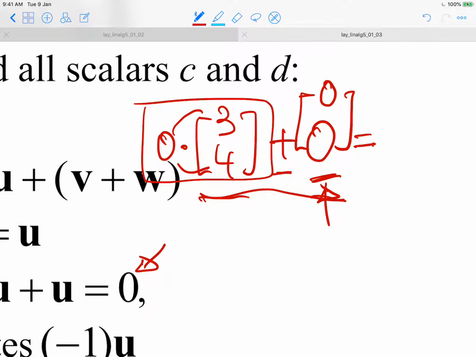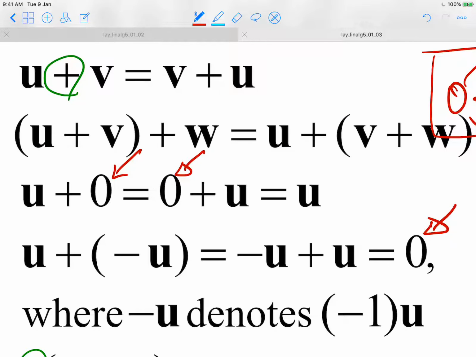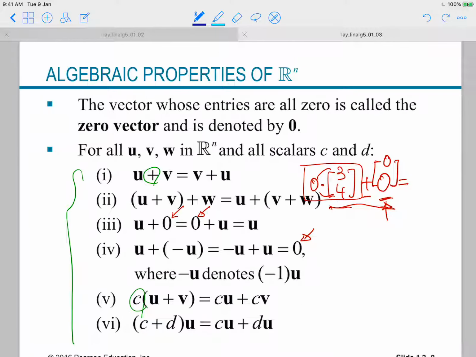In that sense, this 0 is violating our notation rule. This 0 should be a boldface 0. I'm not sure if these are boldface already, but at least we know that these should be a vector version of 0, which should be denoted as boldface.